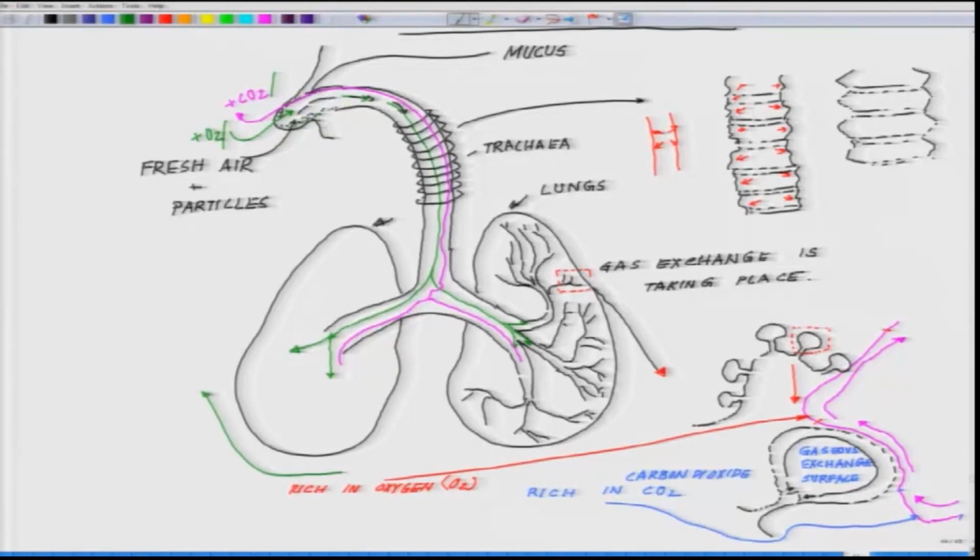Now, this is what is happening. Here you have the alveolar structure, which is a double membrane structure.